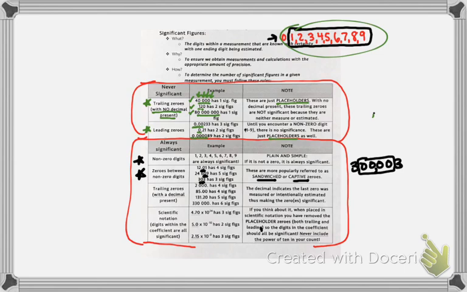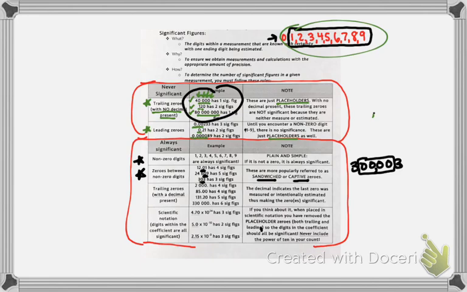Now, this is where I have to be very clear. Trailing zeros with a decimal present are significant. So see how this number and this number is different from these up here? So basically, these digits right here, 2,000 with a decimal behind it, that decimal makes all of those trailing zeros significant.